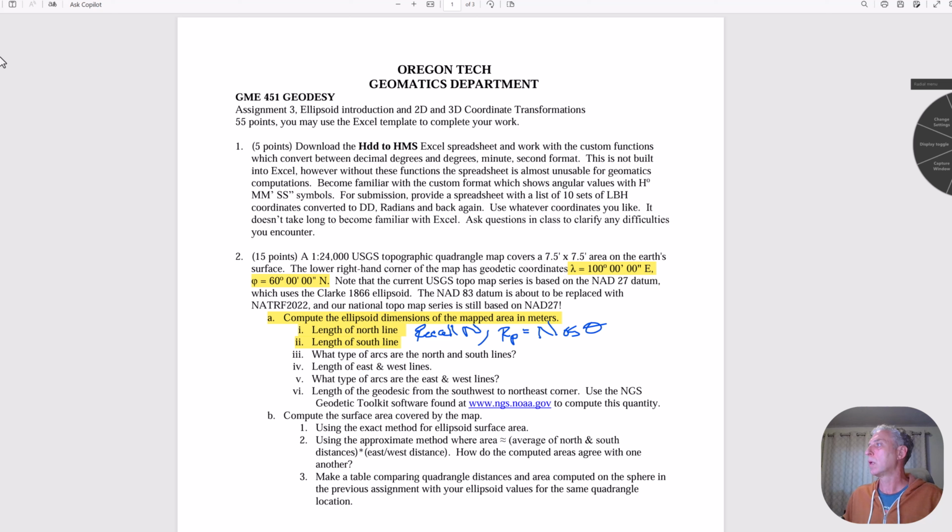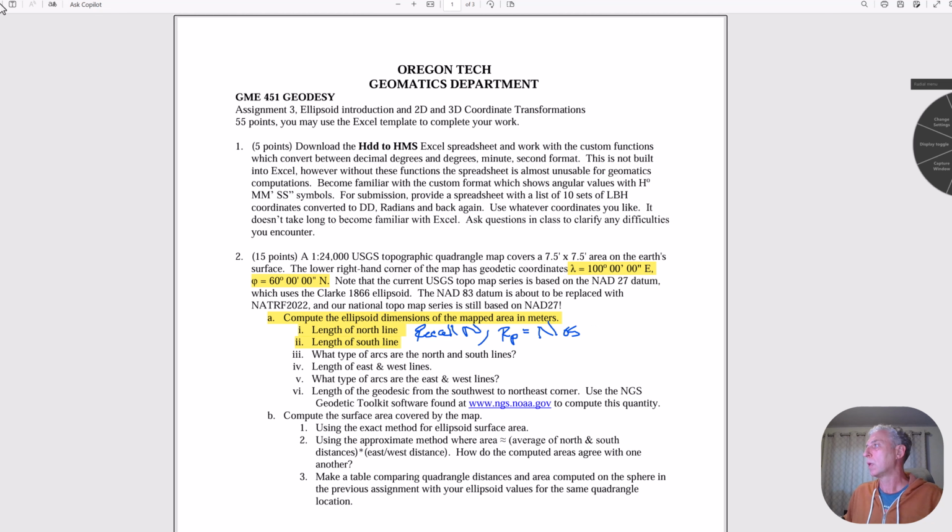And that's the wrong symbol. We've been using phi, not theta. So N times the cosine of the latitude, and then we multiply that by delta lambda, or the 7.5 minutes in this case, right? To get those. Not too tough.